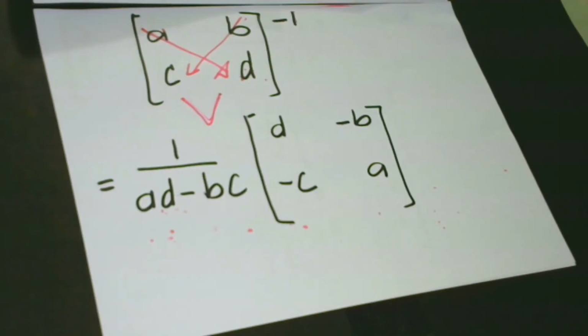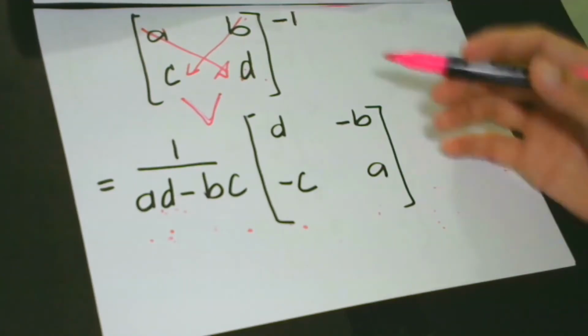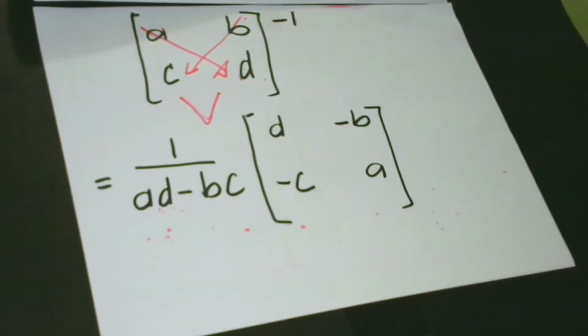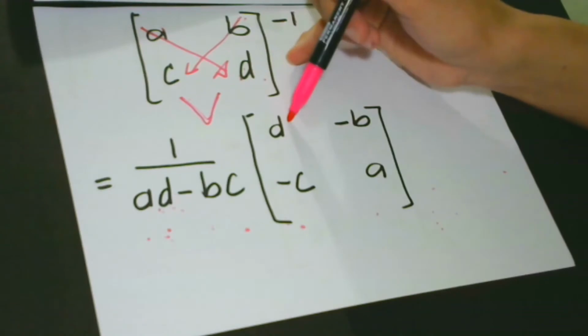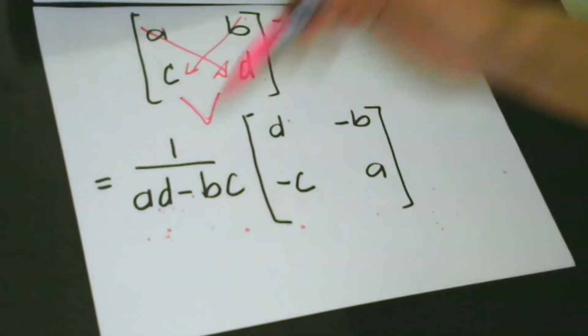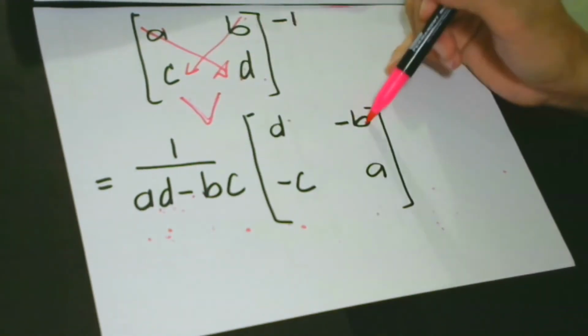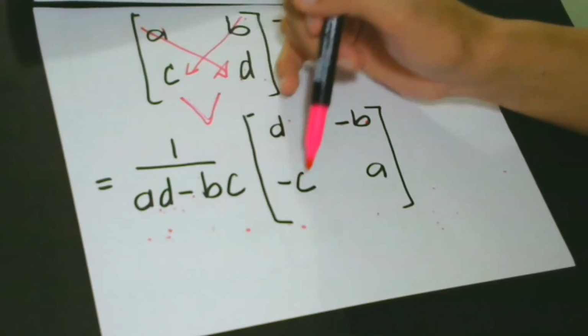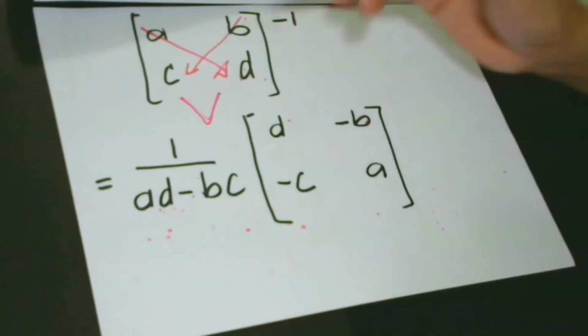So you will never get lost. After that, we divide everything by the determinant. So it means D divided by the determinant, negative B divided by the determinant, and so with negative C, and also with A.